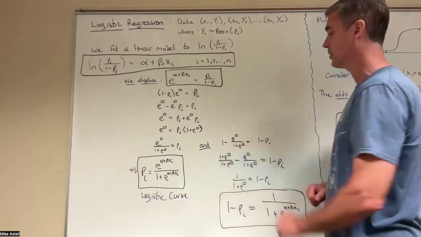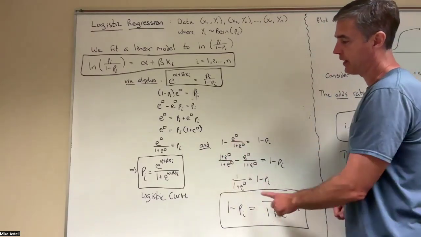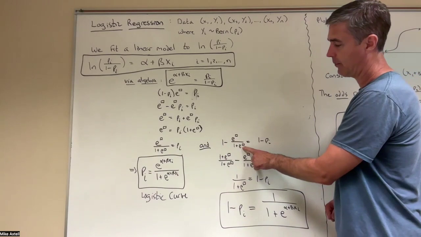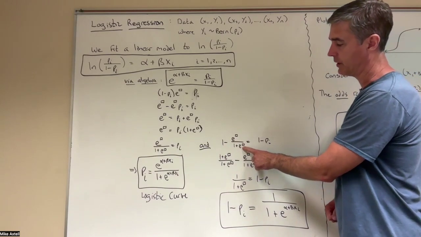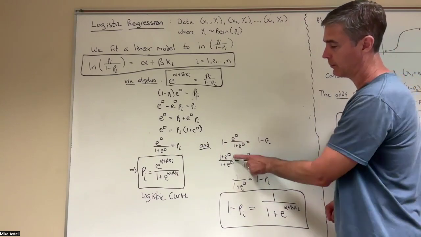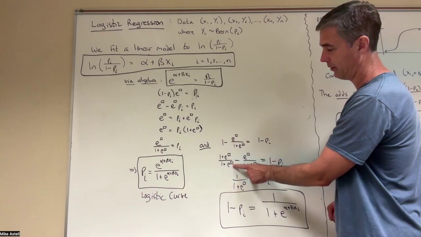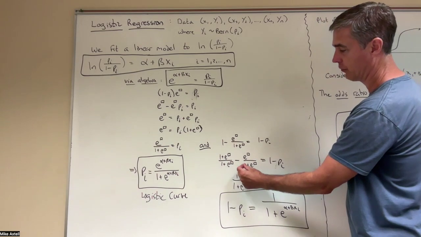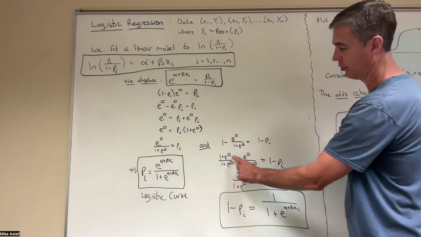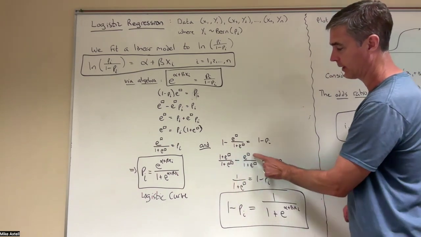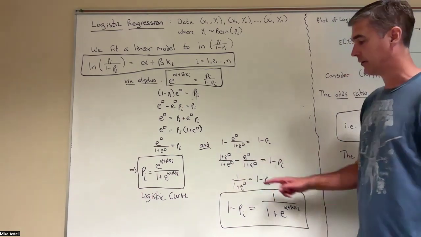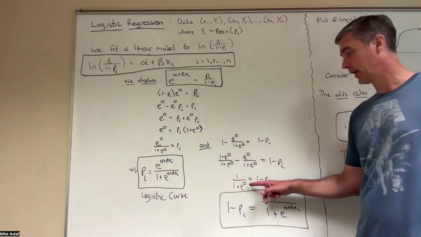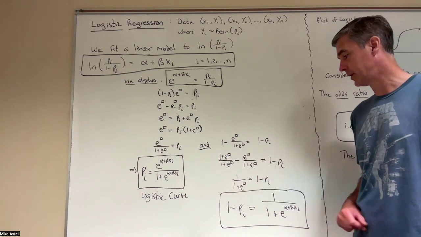Also, I can take this equation and do 1 minus on both sides. On the left-hand side, that 1, I can write with the common denominator of 1 plus e to the rectangle. So 1 becomes 1 plus e to the rectangle divided by itself. That means on the left-hand side, I can mush these two fractions together by subtracting the numerators. So the e to the rectangles knock each other out, and I'm just left with 1 over 1 plus e to the rectangle equals 1 minus p sub i.